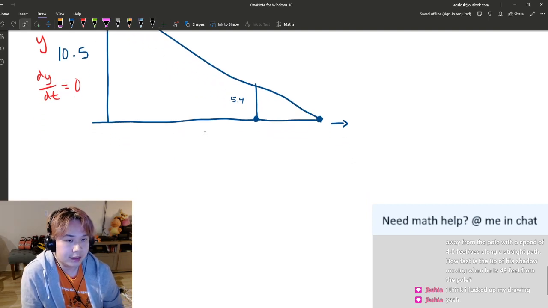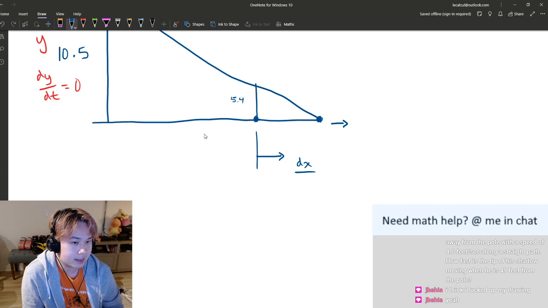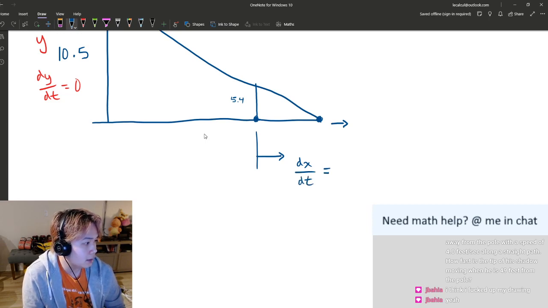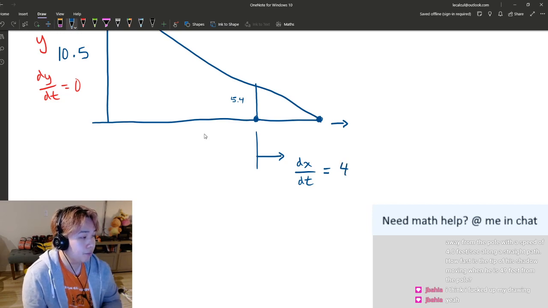And then we know that the speed at which this person is moving, which I'm going to call dx/dt, is 4 feet per second, so 4.